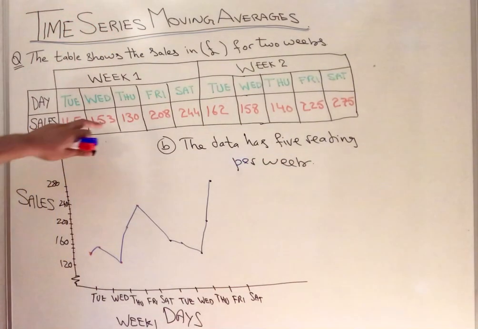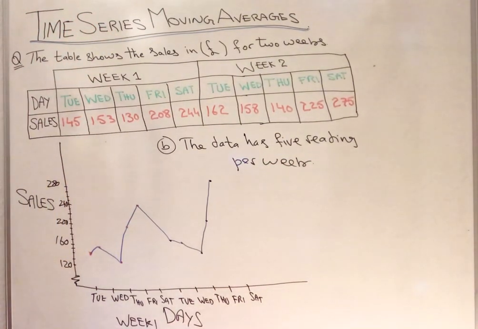Just like if there were 4 readings per week, then we would write 4 readings, but there are 5 readings, so we have to select 5 readings per week.